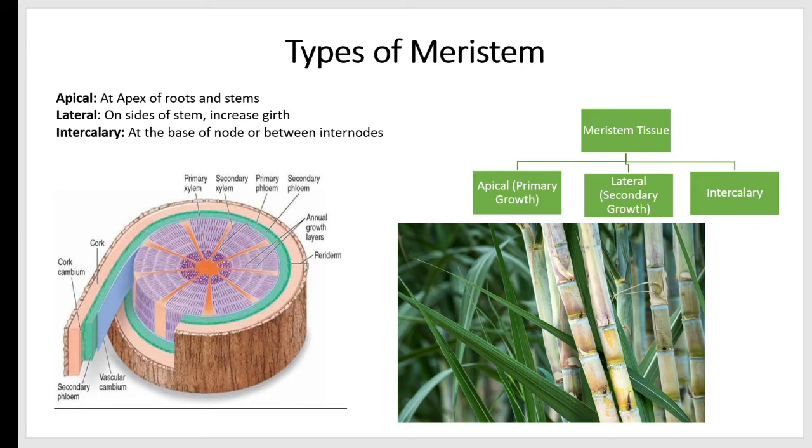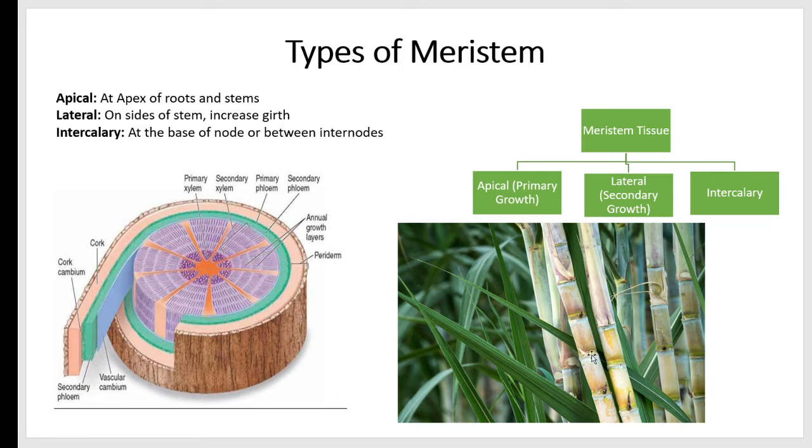Next is the intercalary. They are present at the nodes or between the internodes. So what are nodes and internodes? Here I have shown a picture of sugarcane. Sugarcane is an edible stem. And this stem possesses thickened portions. Look here, these are the thickened portions of the stem, and these thickened portions are known as nodes.